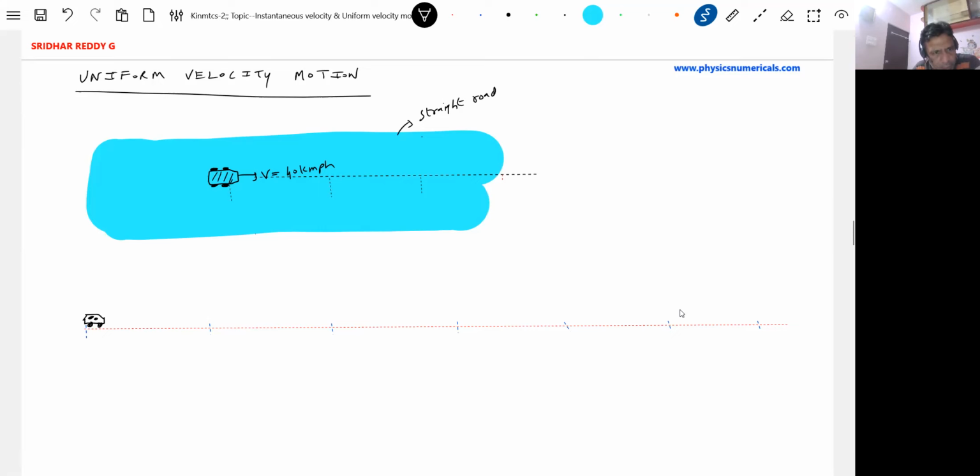This will be the car. So it is at s equals 0, 40 kilometers, 80 kilometers, 120 kilometers, 160 kilometers, 200 kilometers, and this will be 240 kilometers. T equals 0, it is here. After 1 hour, it will be here. After 2 hours, here. After 3 hours, here. After 4 hours.